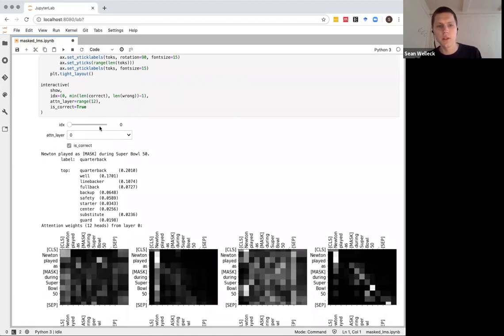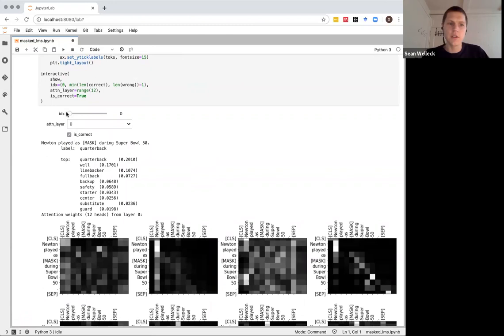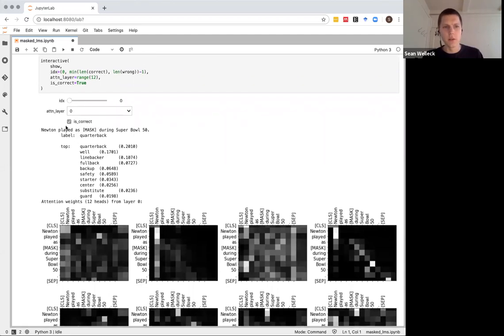Here you can actually explore this yourself. Here's choosing an index. Here is choosing an attention layer, which will be visualized below. And this checkbox will determine if it's going to show you a correct example or an incorrect example. So let's look at a correct example. Newton played, it's another Super Bowl question: Newton played as Mask during Super Bowl 50.